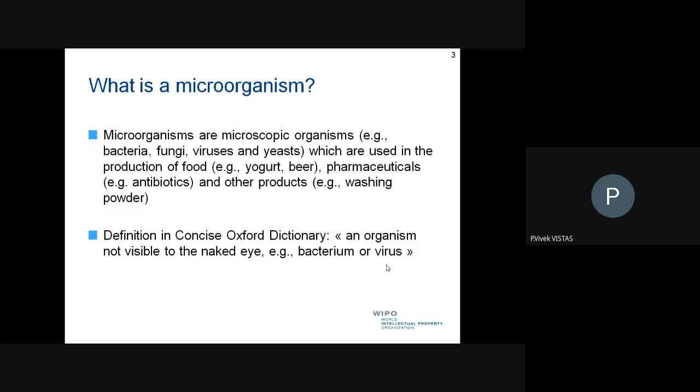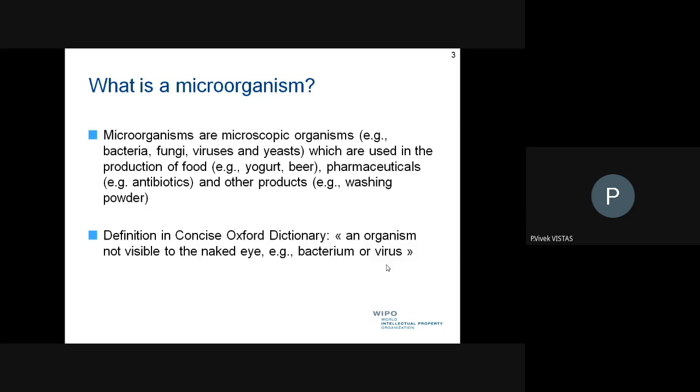So what is a microorganism? We all know about it. It is a microscopic organism, either bacteria, fungi, virus, or yeast, which is used in food production, pharmaceutical production, and other products also.